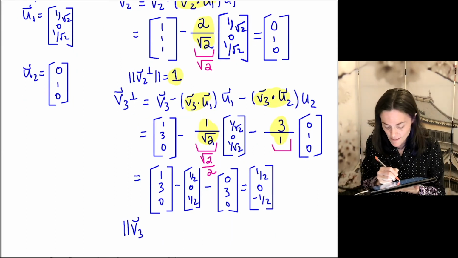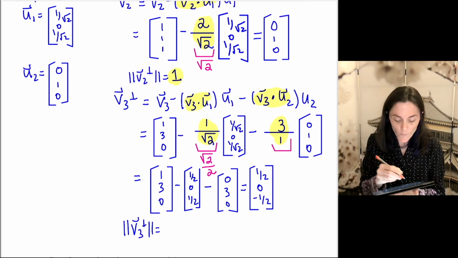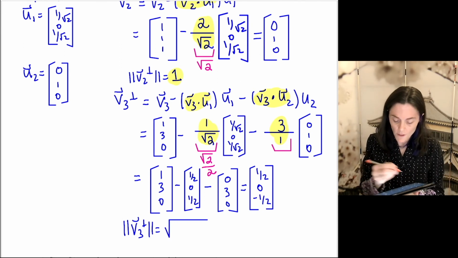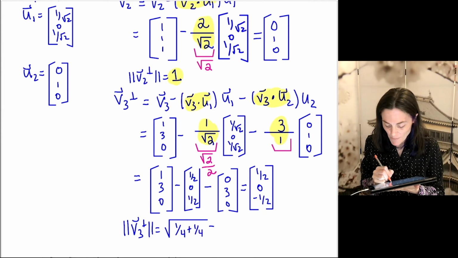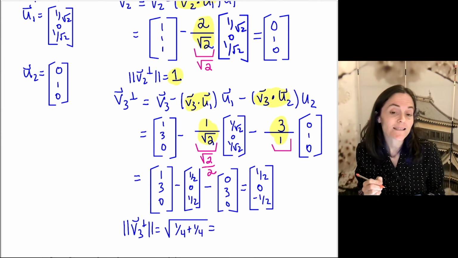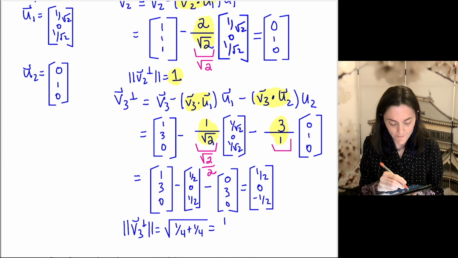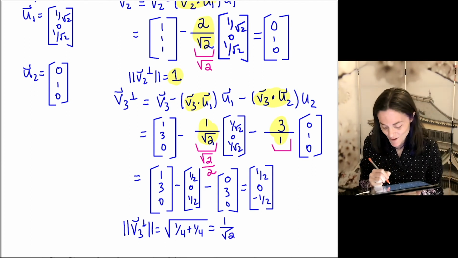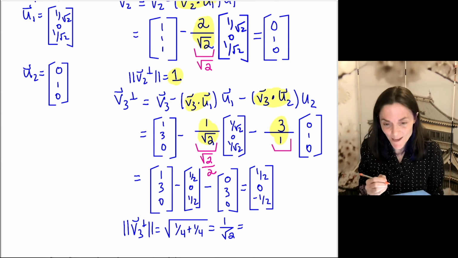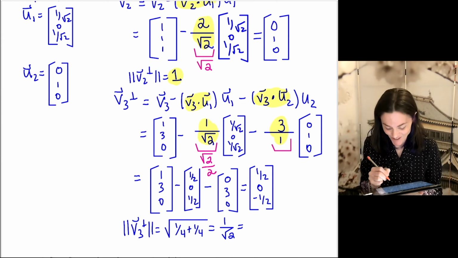The length of this vector, well, it's the square root of a fourth plus a fourth, which is the square root of 1/2, which is 1 over the square root of 2. Or just like above, I can write this as square root 2 over 2.